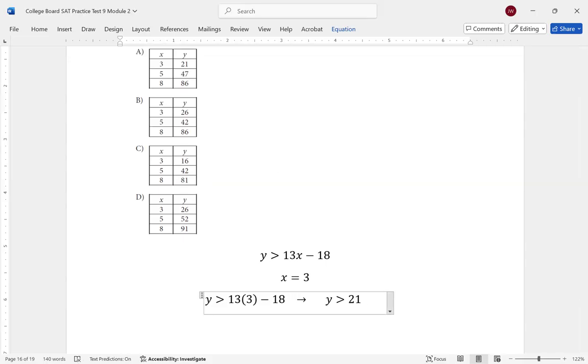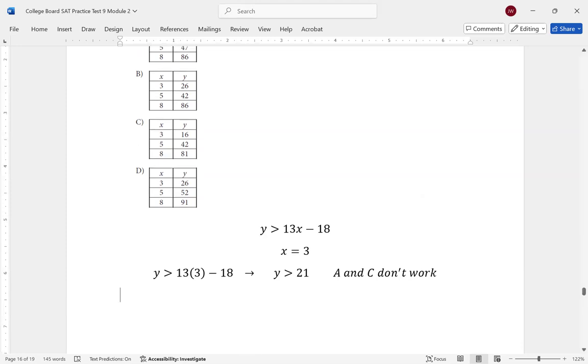And therefore, A and C don't work. So I know that for sure. So that's just by plugging in x equals 3.